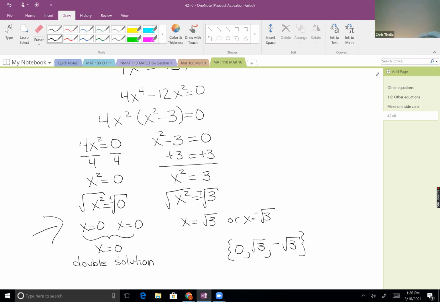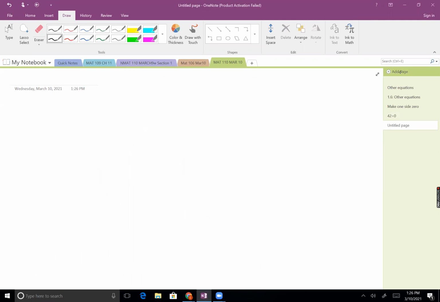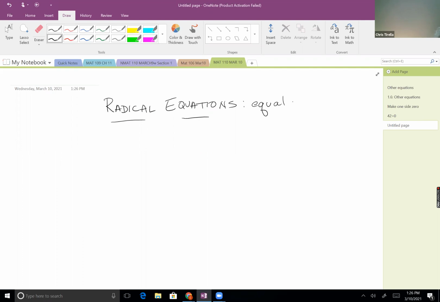I'm good. All right. Then the next type of equation that we're going to look at are radical equations. When I refer to a radical equation, I'm referring to equations where there's a variable in a radicand.